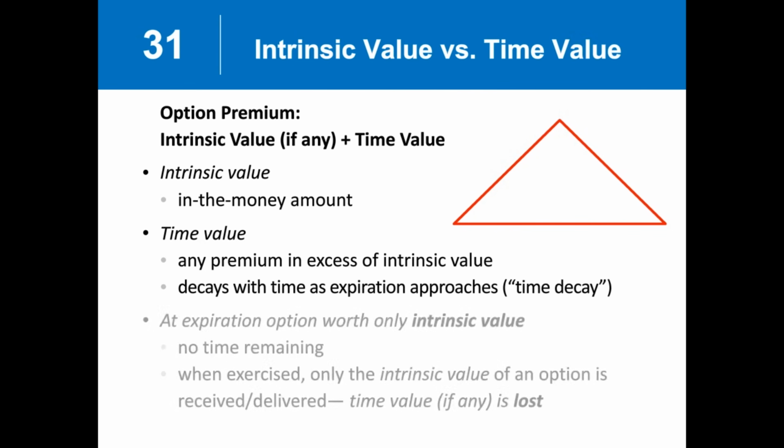Time value decays. Some of you may have a toe in the water when it comes to options. You may be familiar with the phrase time decay or theta. Is anyone familiar with time decay or theta? Yeah? Okay.